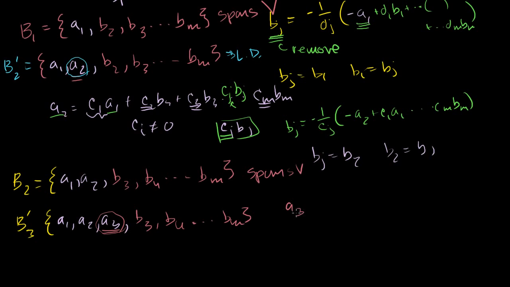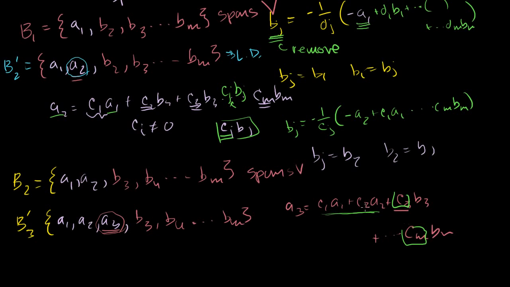So you could say a3 is equal to some a1 plus some a2 plus c3 b3, all the way to cm bm. And at least one of the coefficients on the b terms has to be non-zero, because if all of those were 0, then a3 could be a linear combination of the a terms. And we know that can't be, because all these a terms come from a linearly independent set.